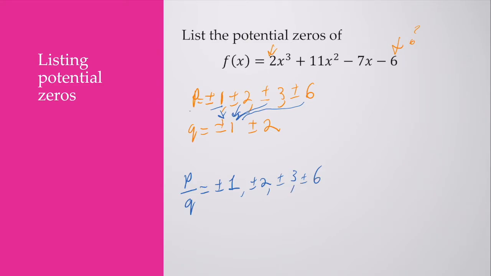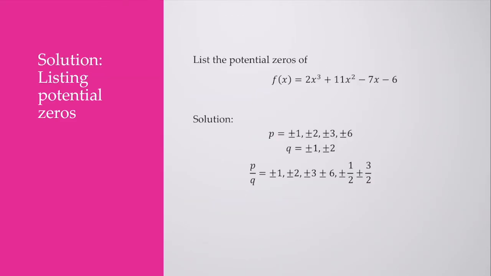Now I have to take all my possible p's over 2. 1 over 2 is 1/2. 2 over 2 is 1, which is already included. 3 over 2 is 3/2. And 6 over 2, well, that's just 3, which is already represented. So here's my list of possible rational zeros, and I did type that up and include that in the PowerPoint so you could check your answers as you go along.